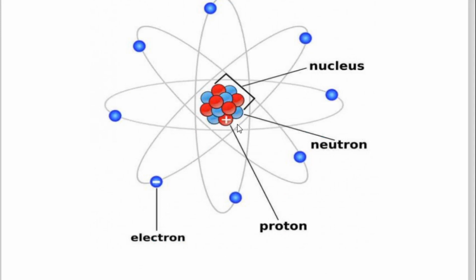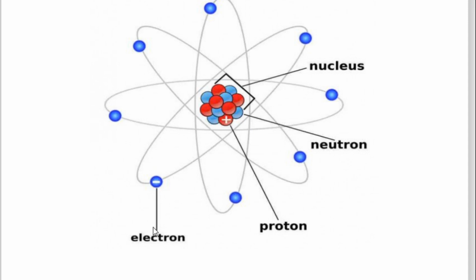Protons are marked by positive charge, and there is a neutron, blue color neutron, red color proton, and there is a neutron which is neutral, which doesn't have a charge. So inside the nucleus there are protons and neutrons. Now whatever number of protons are there, that many electrons are there in the first orbit, second orbit, and third orbit accordingly, and these are the electrons.